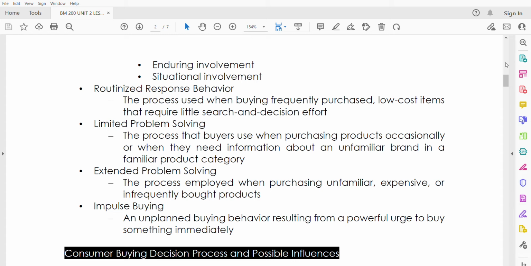Then we also have impulse buying, an unplanned buying behavior resulting from a powerful urge to buy something immediately.